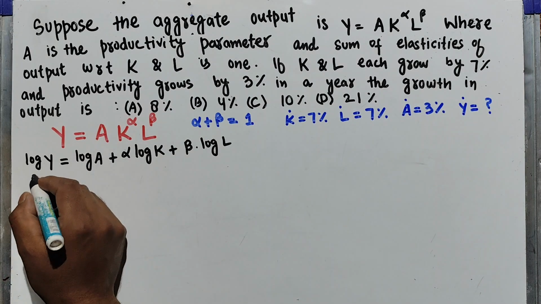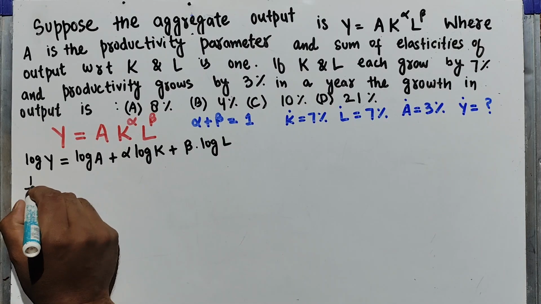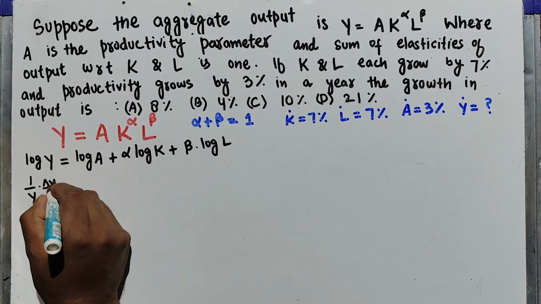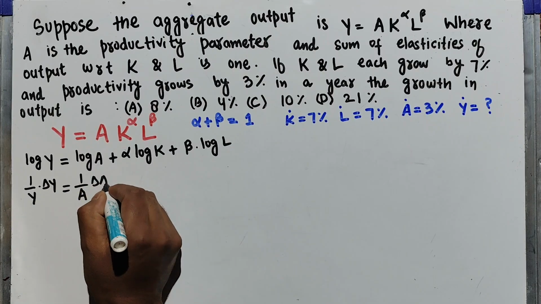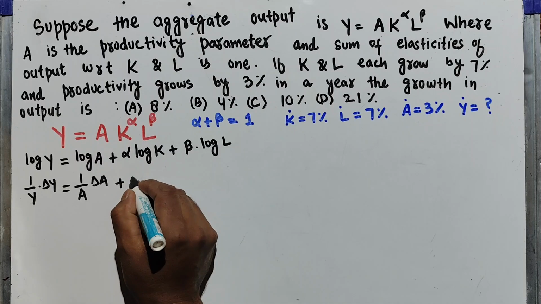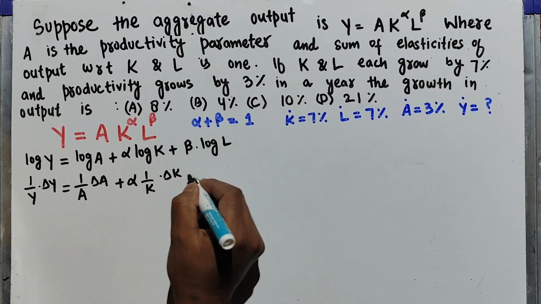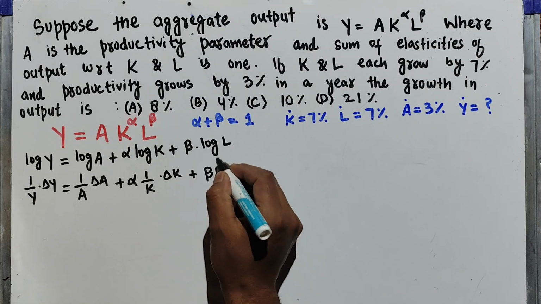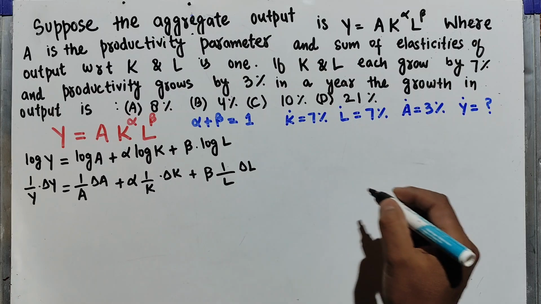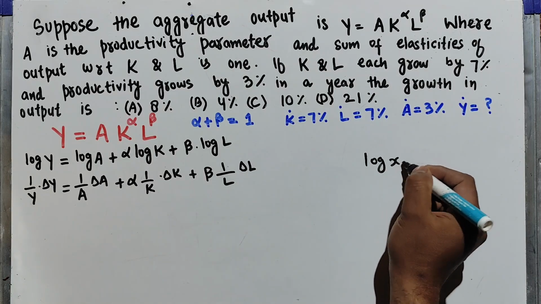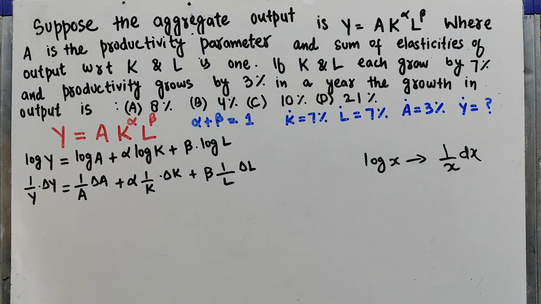The derivative of log Y is 1 upon Y times del Y. Similarly, log A gives 1 upon A times del A, plus alpha times the derivative of log K, which is 1 upon K times del K, plus beta times the derivative of log L, which is 1 upon L times del L. Simple thing, if we have log x, its derivative is 1 upon x dx.